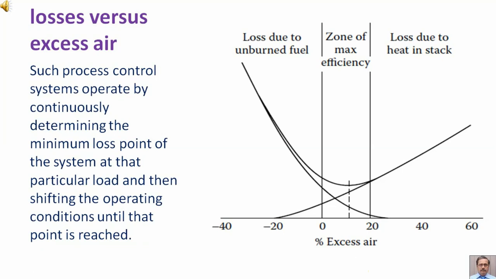Such process control systems operate by continuously determining the minimum loss point of the system at that particular load and then shifting the operating conditions until that point is reached.